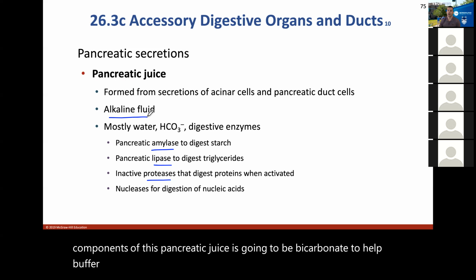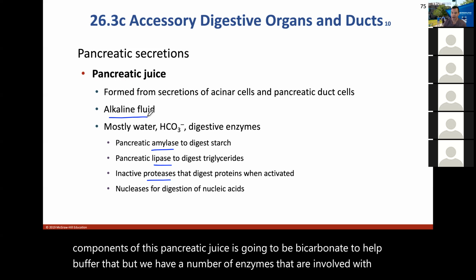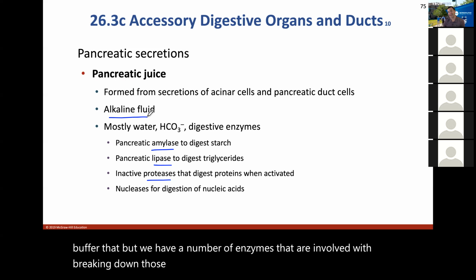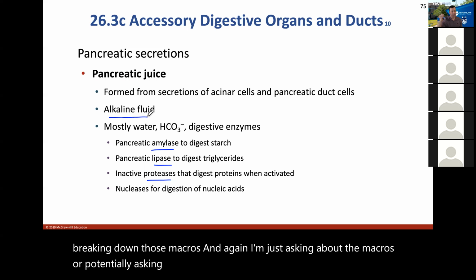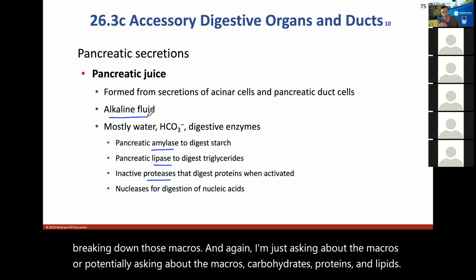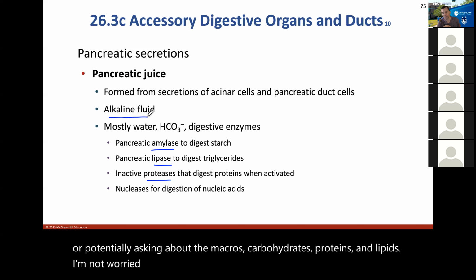But we have a number of enzymes that are involved with breaking down those macros. And again, I'm just asking about macros, or potentially asking about the macros: carbohydrates, proteins, and lipids. I'm not worried about breaking down nucleic acids. It happens. Yes, it's not one of the major macros.